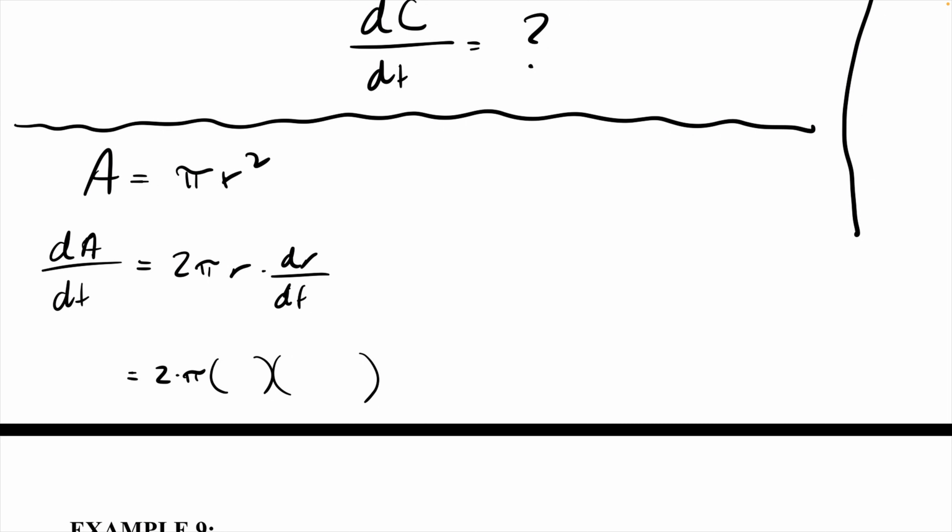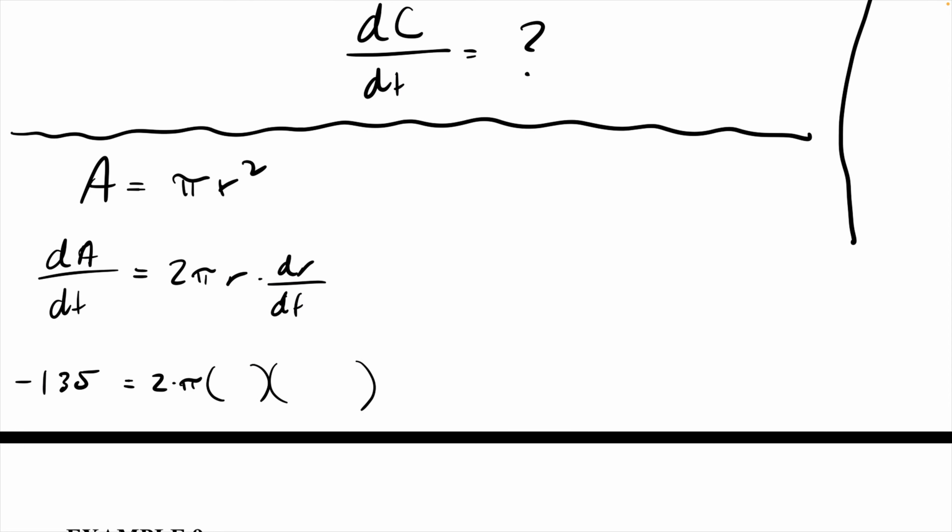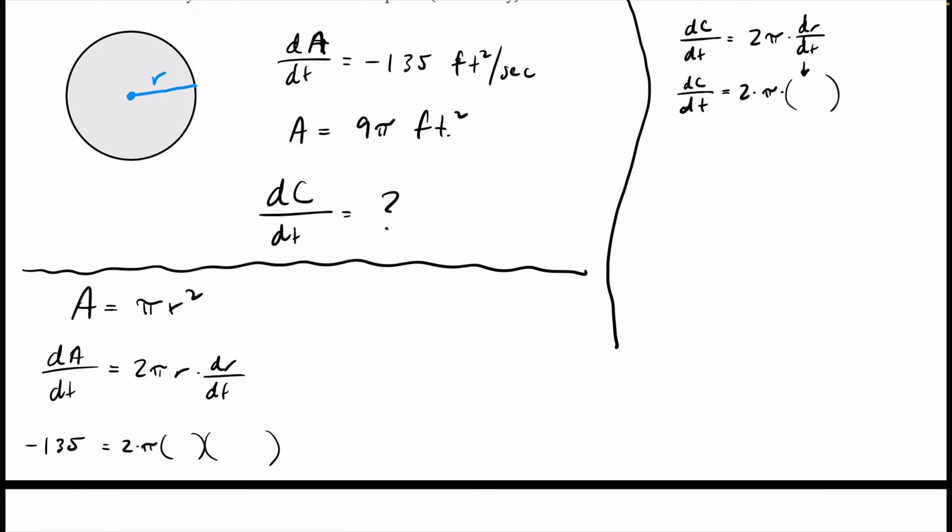What is dA over dt? Do I know that? Yeah, I do, right? It was negative 135. It's on my list. What is r? We don't know, but can I figure it out? Yeah.